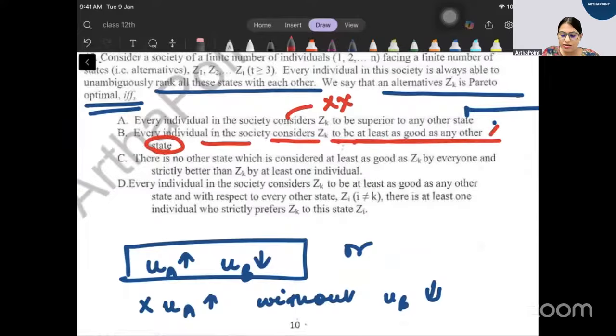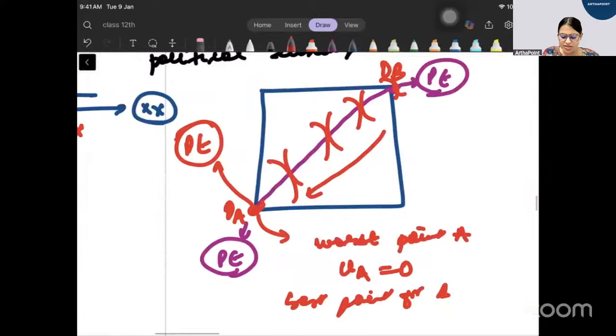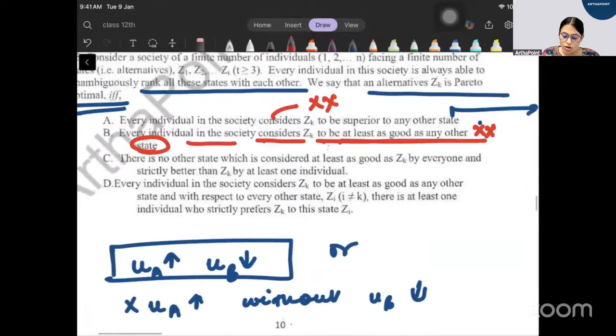This is also wrong. A does not consider this point to be as good as the others, A will find the other point best. He will not consider this point a good point, he does not like it. But it is Pareto efficient. So even this will be a wrong answer. This is not the definition of Pareto efficiency.